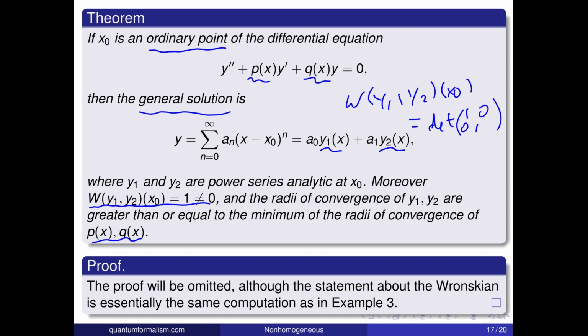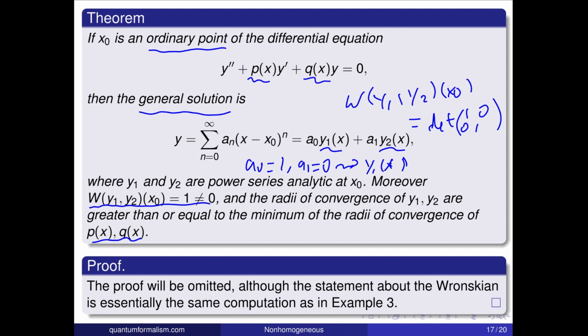Because y1 is the solution to the initial value problem with initial conditions a0 equals 1 and a1 is equal to 0. That will give you the solution y1 of x, right? If you look at this formula for the coefficients, that's what you get.